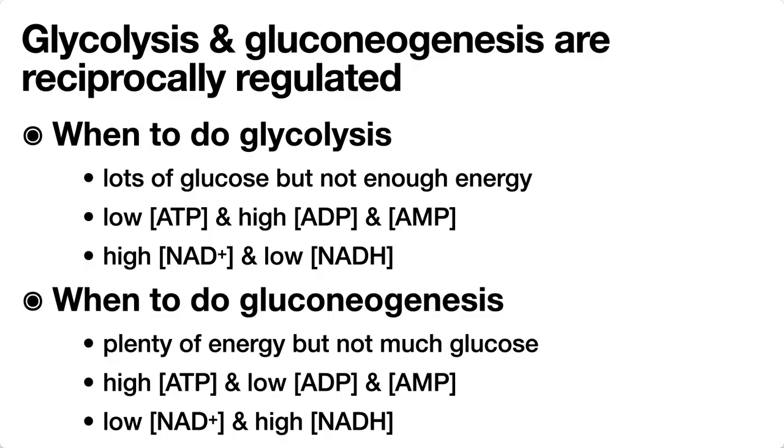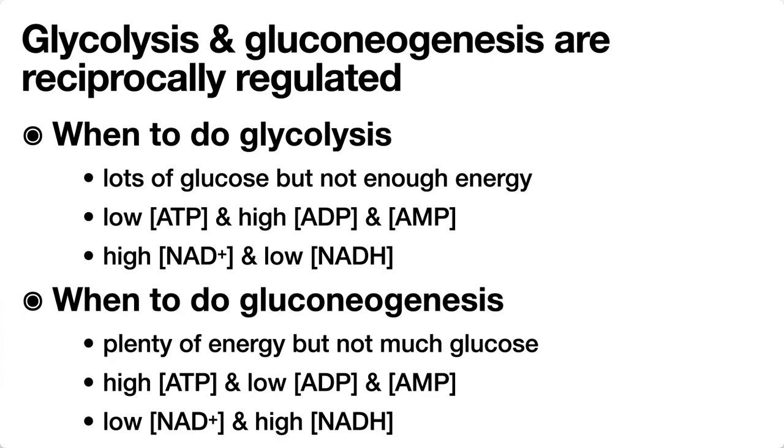Let's start by thinking logically about when we would want to do which. In terms of glycolysis, remember, this is when we're breaking down glucose, and often we're doing that to get energy. And so if we have a lot of glucose but not enough energy, then we want to do glycolysis. And how would we know this? Well, if we have low ATP and high ADP or high AMP.